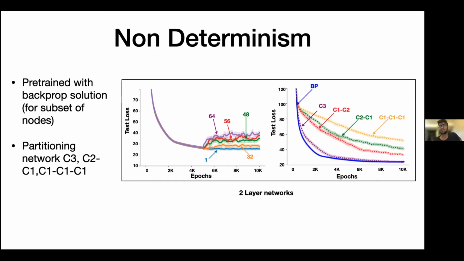And what we observe is, if we have the last layer stochastic and we still use Backprop, the C3 network is able to achieve the performance of Backprop. Whereas as we increase the stochasticity, as we increase the number of stochastic nodes in the network, the performance starts to become worse, or approaches the performance that we see with the normal coagent.